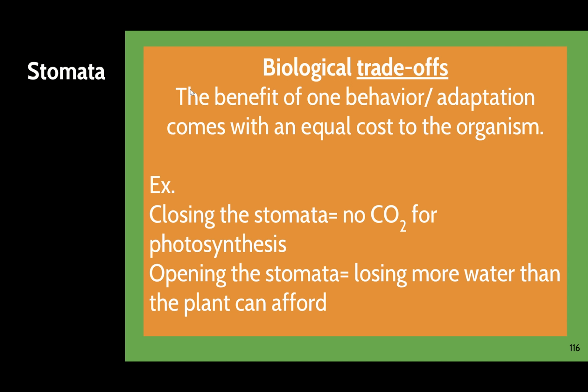So this is going to be when one behavior or adaptation, so in this case the stomata, comes with a benefit that has an equal cost to the organism. So it's a cost to benefit ratio that we are looking at in these biological trade-offs.